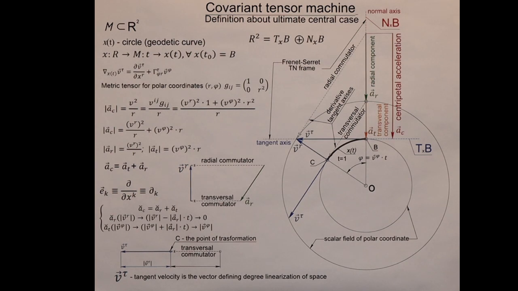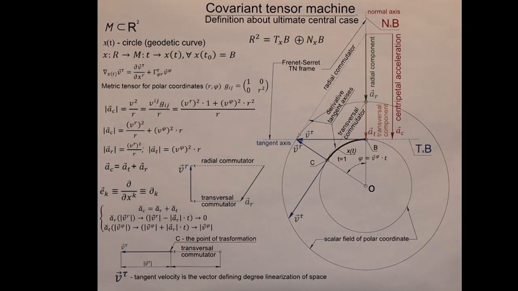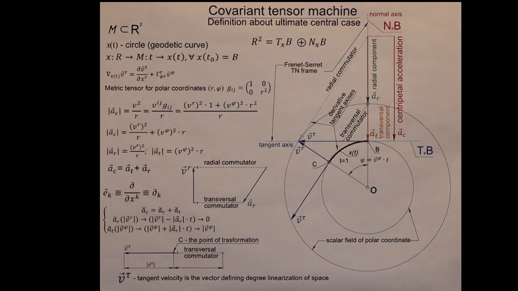As was shown in the previous example, the acceleration vector is a covector. Therefore, the remaining distance is the invariant of the transversal component of acceleration. However, it discloses new commutators. The first commutator is between the radial velocity and the radial acceleration component.